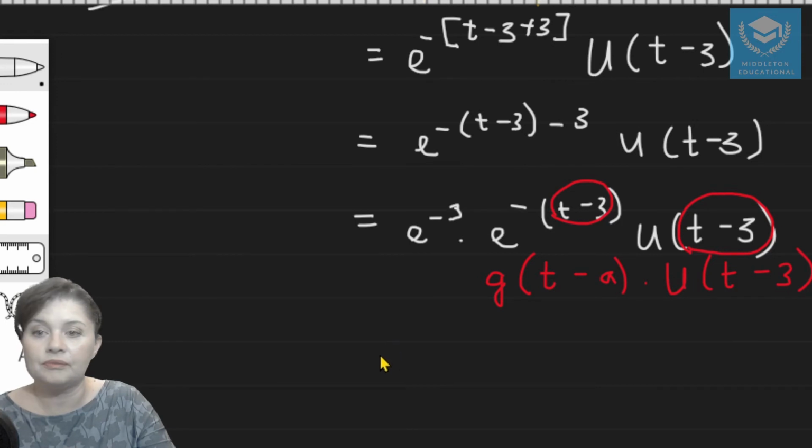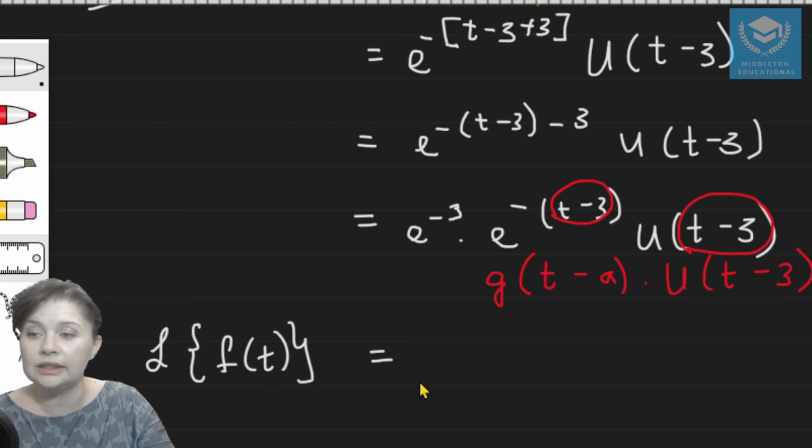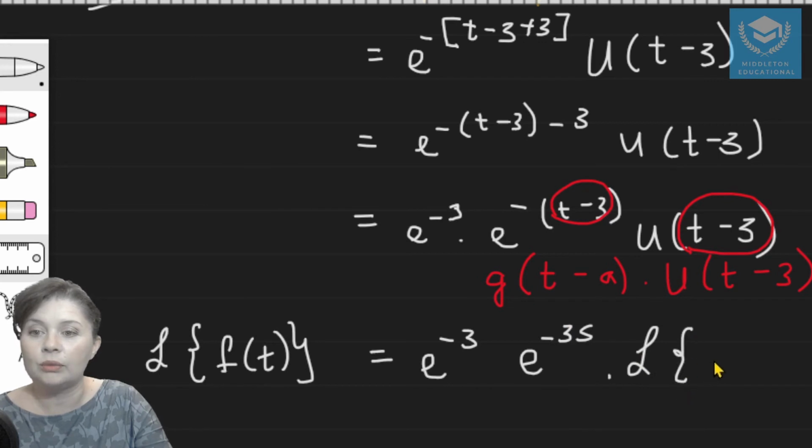That means the Laplace transform of the function is now going to be equal to e to the power minus 3, e to the power minus 3s, which takes care of the shift, and then the transform of our function g of t.